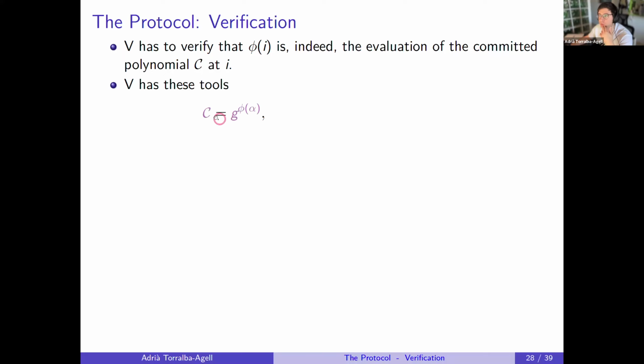He knows the original commitment C, that is G to the phi of alpha. He knows I, obviously, because he chooses that. He knows phi of I, because the prover provided that. And he knows this new commitment for the proof polynomial, G to the psi of alpha, that the prover has computed.